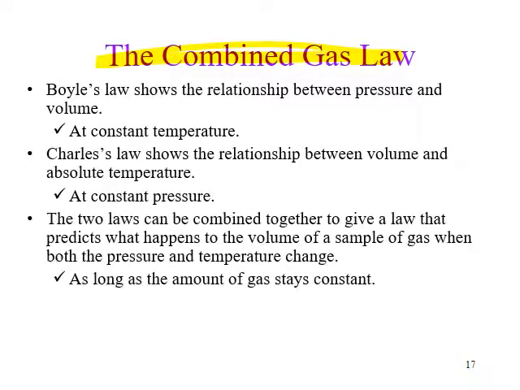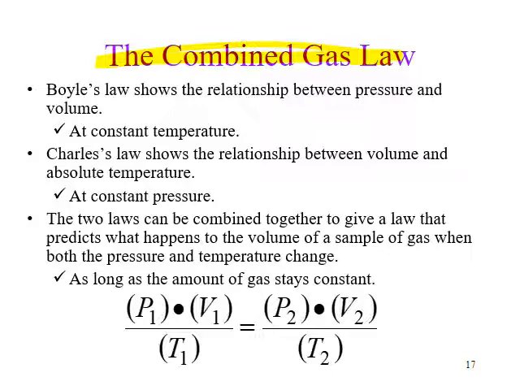Okay, moving ahead, the next law is called the combined gas law. Just like the name states, if I combine Boyle's law and Charles' law together, that would give me the combined gas law. This gas law can be written in this form: P1V1 over T1 is equal to P2V2 over T2.